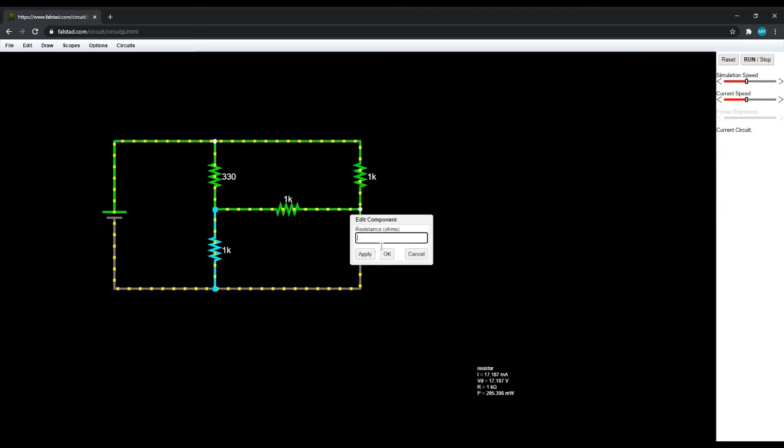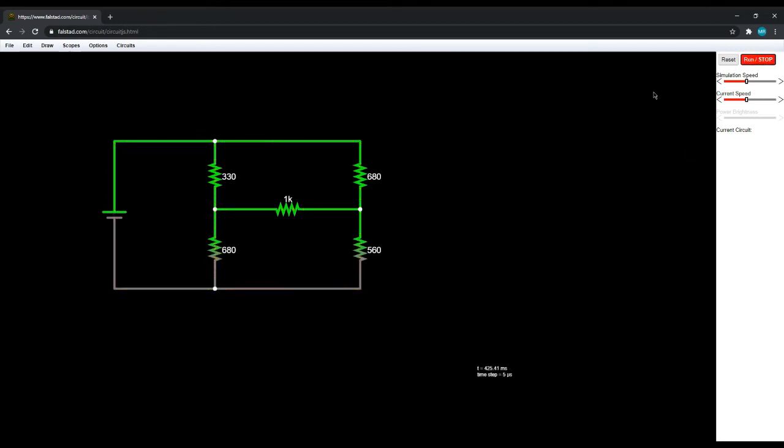R2 is 680 ohm, and the load resistor is already 1000, so we don't need to add another value. And R3 is 680 ohm, and lastly R4 is 560 ohm. The values are already set, and click run.